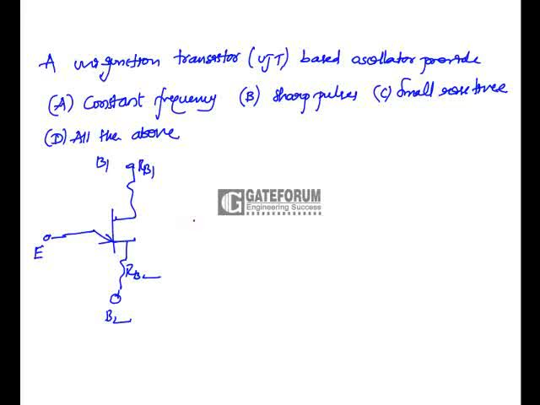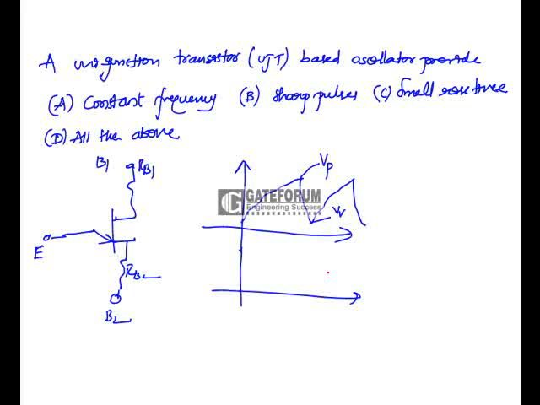Unijunction transistor. Now what are its characteristics? It will have characteristics like this. This one is called the peak point, whereas this one is the valley point. The UJT will conduct when it reaches this peak point, and it will conduct only up to the valley point. So you have sharp pulses.